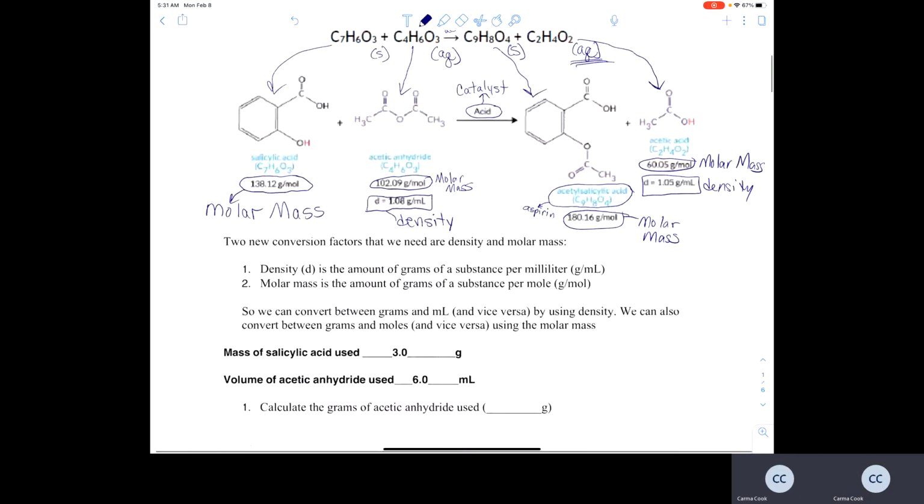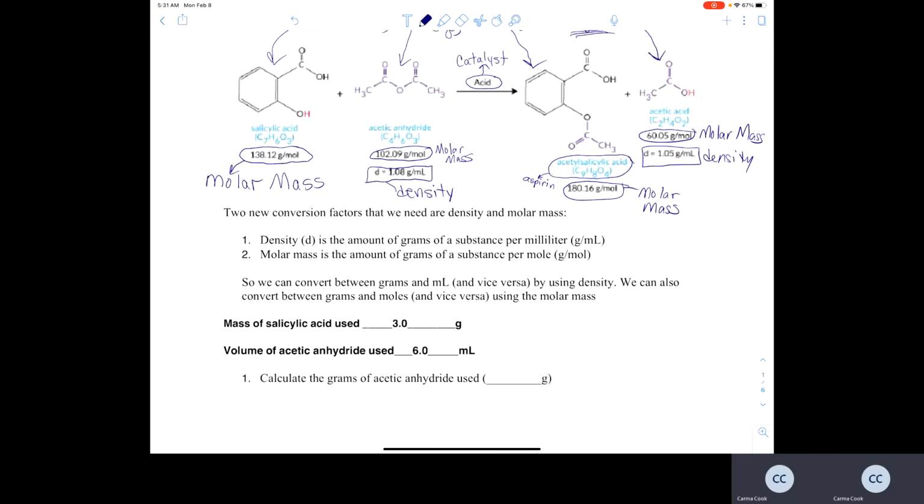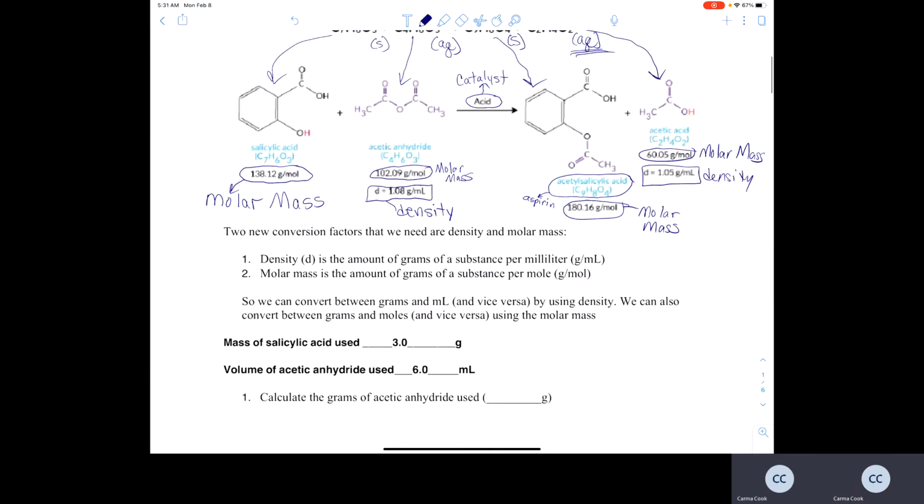So in the video, 3 grams of salicylic acid was mixed with 6 milliliters of acetic anhydride. So now we're introducing two new conversion factors, density and molar mass. Density is the amount of grams of a substance per milliliter.